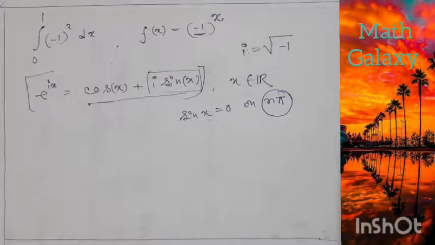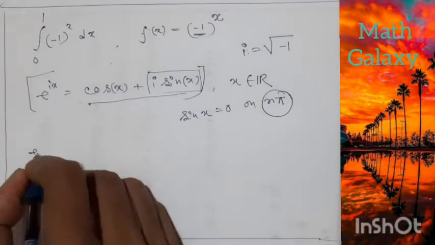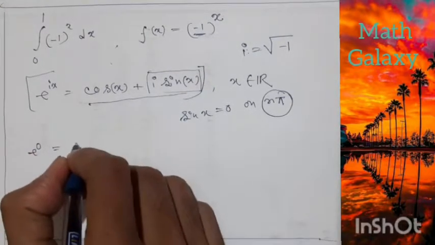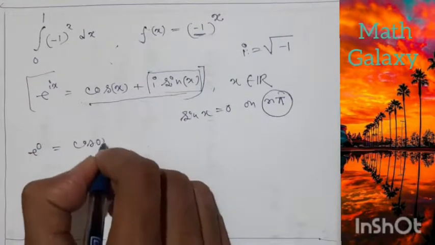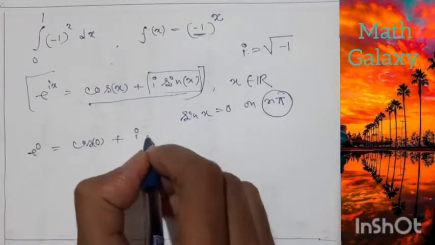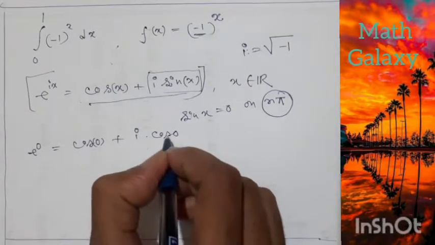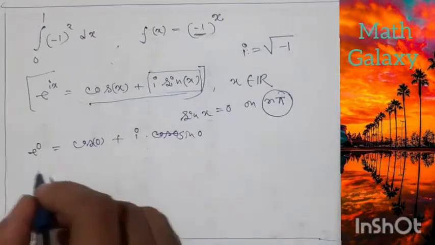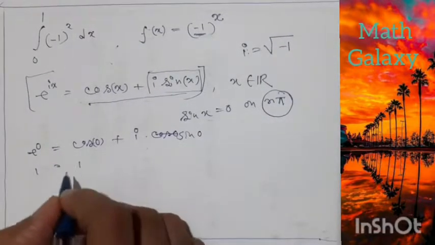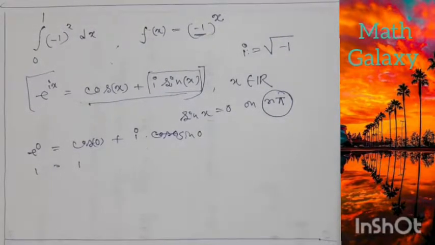So let's talk about e to the power 0. e to the power 0 equals cosine 0 plus i times sine 0. This means 1 equals 1. This doesn't give any intuition to solve the problem.